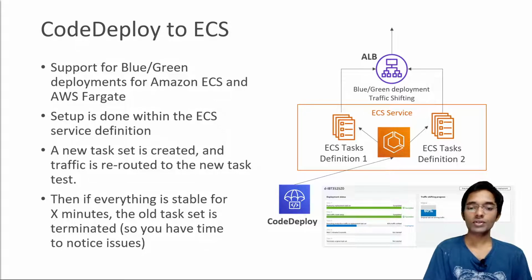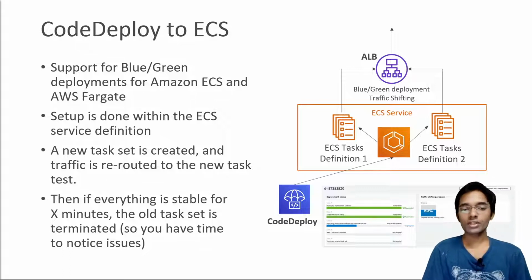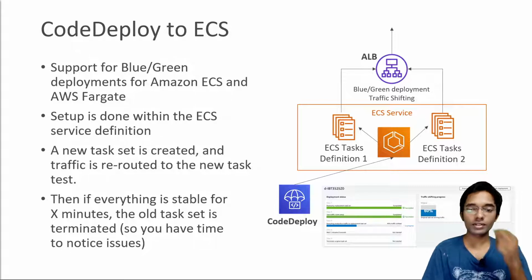And the idea is that a new task set will be created, and then the traffic will be rerouted to the new task set. And after the deployment has been done, CodeDeploy will check if everything is stable for X number of minutes, and if it is, then the old task set is going to be terminated. And so you have some time to notice issues, if you need to.